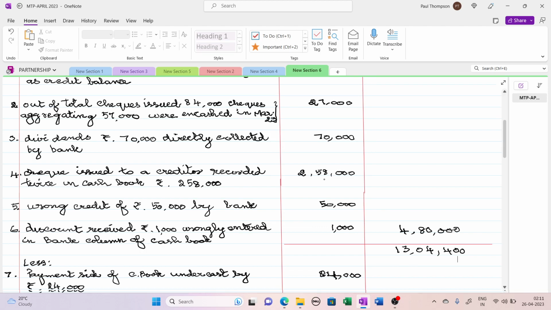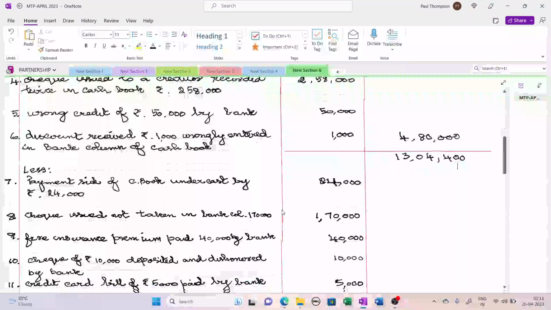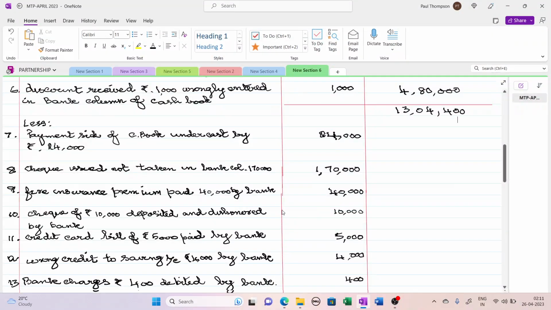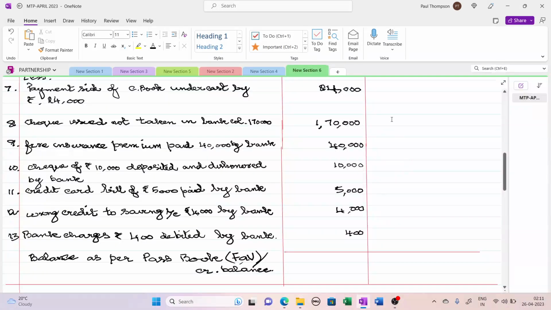If you make the total less, how much do we have to reduce? 24,170, 40, 10, 5,4,400 comes to 2,53,400. So this we have to subtract from that balance.